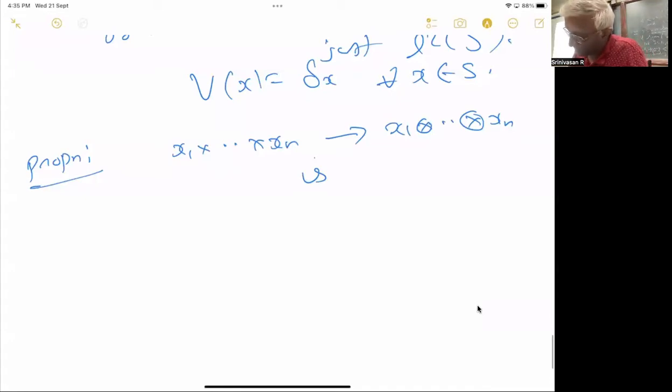Now we extend. This is only defined on elementary tensors. Extend U sigma to H by the lemma. See, the lemma is so useful, it comes everywhere. U sigma is defined only on the total set, and now you can extend it by that lemma. You have a set on which it preserves the inner product, the total set.